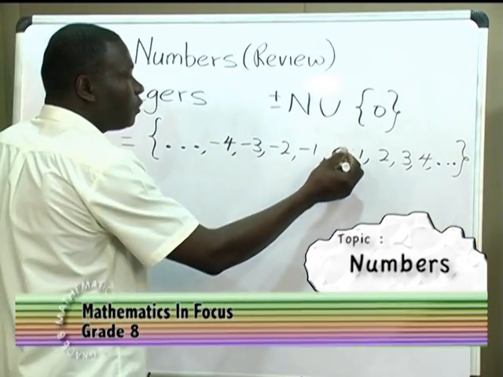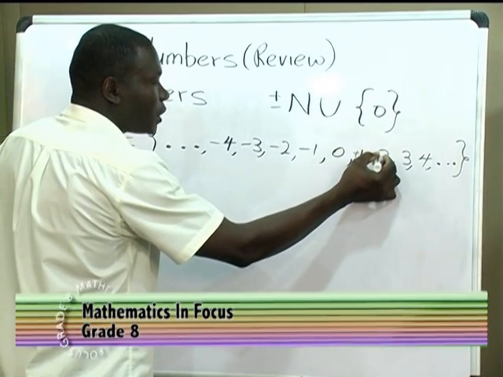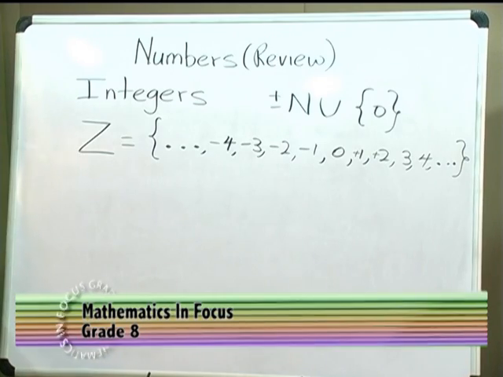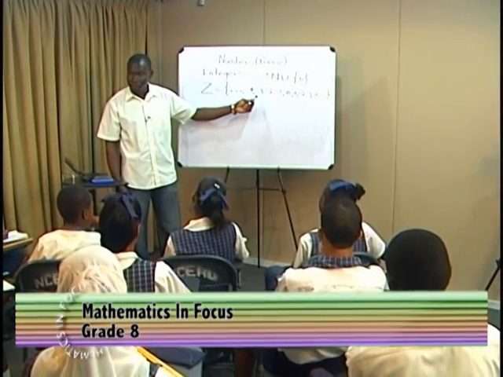Of course, if we wish, we can add a positive sign in front of it. However, it is understood that if you see any number without the plus sign in front, it is a positive number. But for it to be negative, you must have the minus sign in front of it. Is that clear?